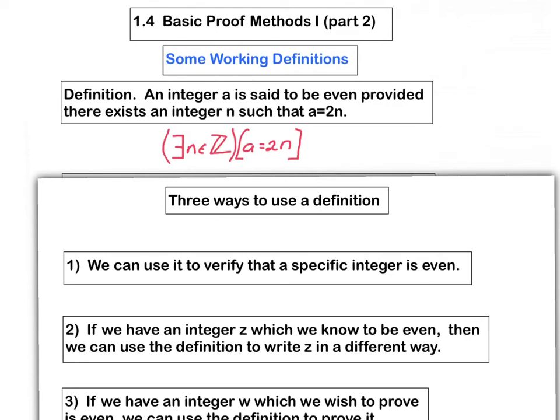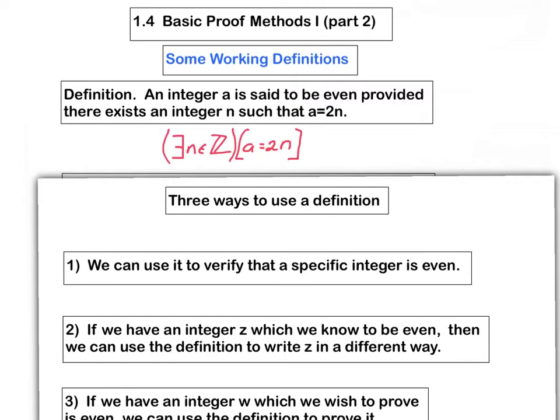I like to look at it in symbols, and we'll take 18 to be our a, and we have to ask, does there exist an integer n such that 18 is equal to 2 times n? Well, the answer is yes. 18 is 2 times 9, and 9 is an integer. And therefore, according to this definition, 18 is even.